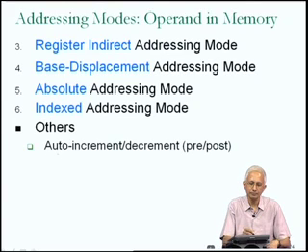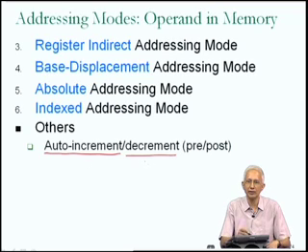For example, there could be addressing modes where automatically the contents of the register which is used in calculating the address of the operand could get decremented or incremented, either before or after, hence the pre or post, the calculation of the address is done. As you can see, this is a significantly more complicated addressing mode than any of the others that we have seen.